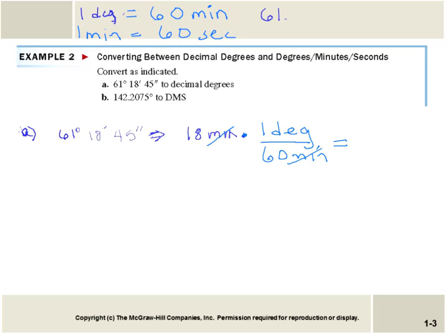So I'll get out my calculator, and I'll say it's 18 divided by 60, which is equal to 0.3. Okay, 0.3.